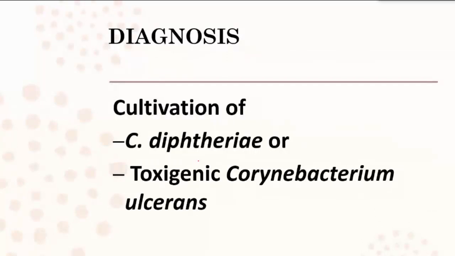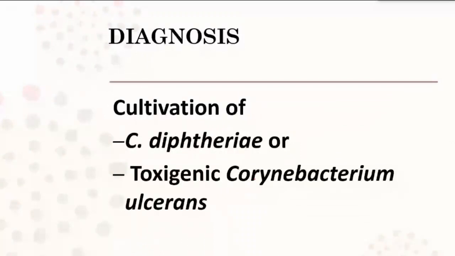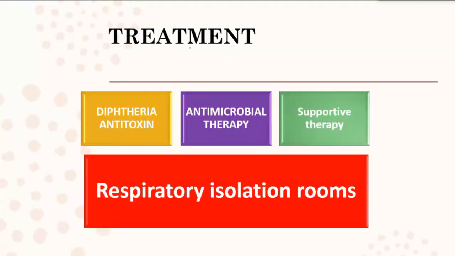So if you suspect diphtheria, you should treat it immediately. Obtain a swab and culture, but you should treat the patient immediately, because delaying the diagnosis will result in poor outcome. What are the principles in the treatment of diphtheria?